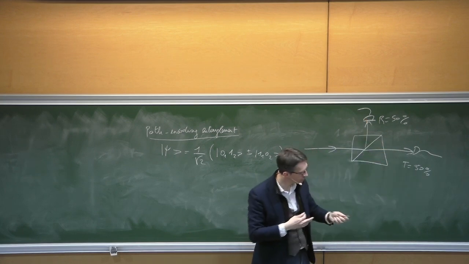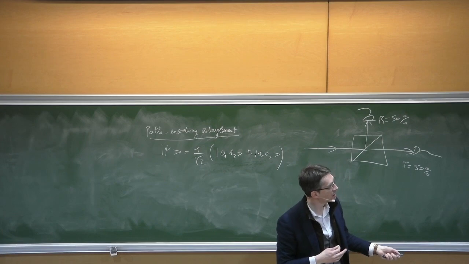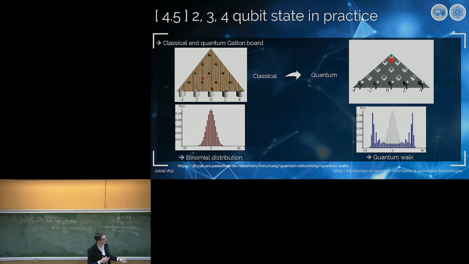So that's what we see here: every time the photon arrives on a beam splitter, it splits into 2. After some time, all these possibilities, all these path encoding entanglement, will interfere, destructively and constructively, so that at the end the result is completely different from the binomial distribution.